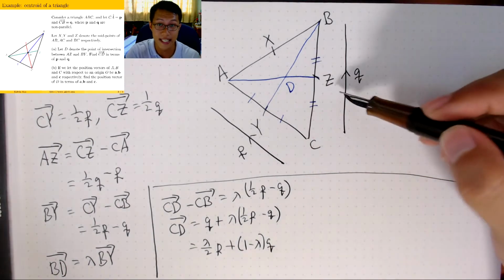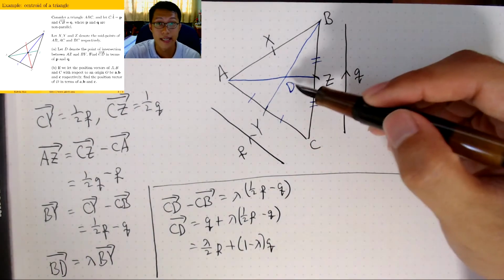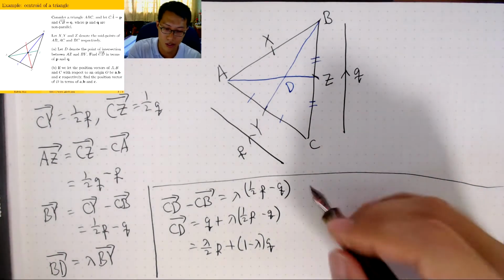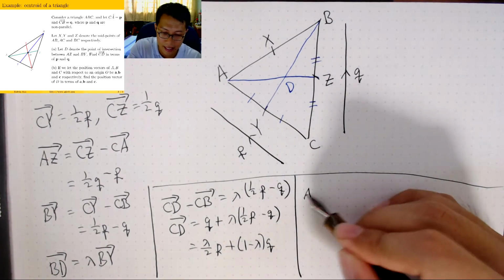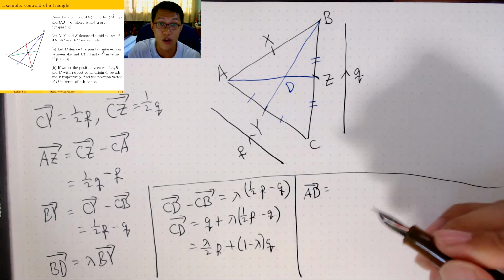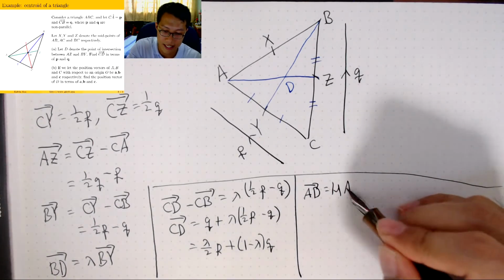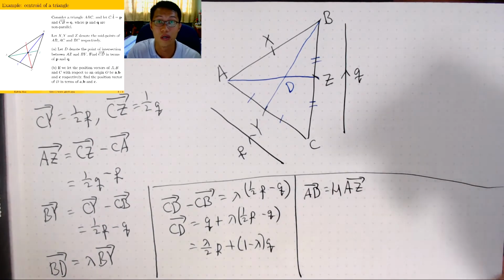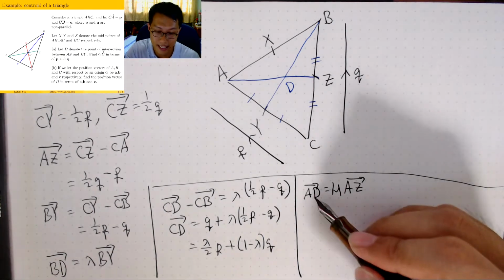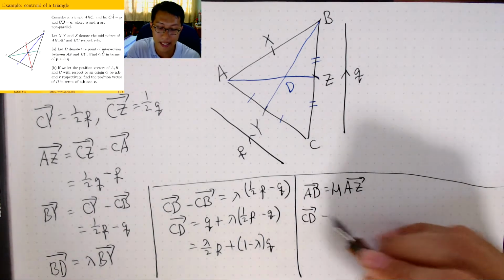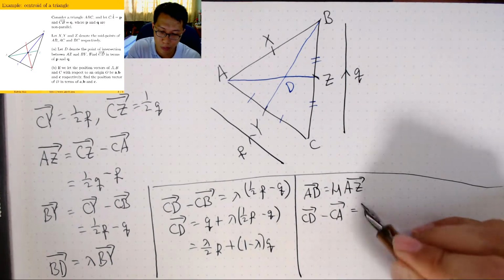A, D, and Z are collinear. So AD is a multiple of AZ. So we have AD equals, I'm going to call the constant mu, of AZ. Using our position vector formula again, AD is CD minus CA equals mu of AZ.